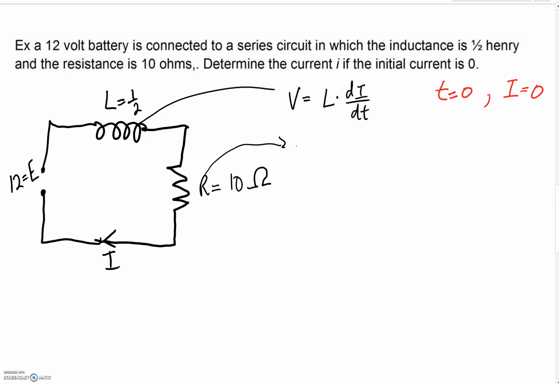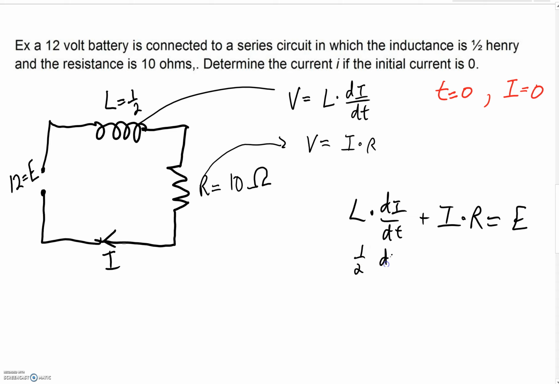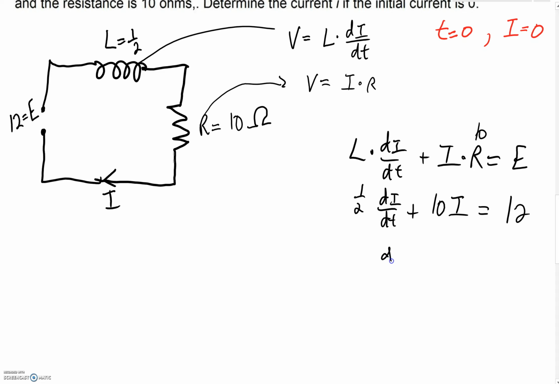Of course, for resistance, we have V is equal to I times R. So if we were to very quickly set this up and put in our constants, we've got a 1/2 di/dt. This is a 10 right here, so we'd have 10 times I. Our E is 12. And if we multiplied everything by 2, you could see very quickly you come up with this nice differential equation.